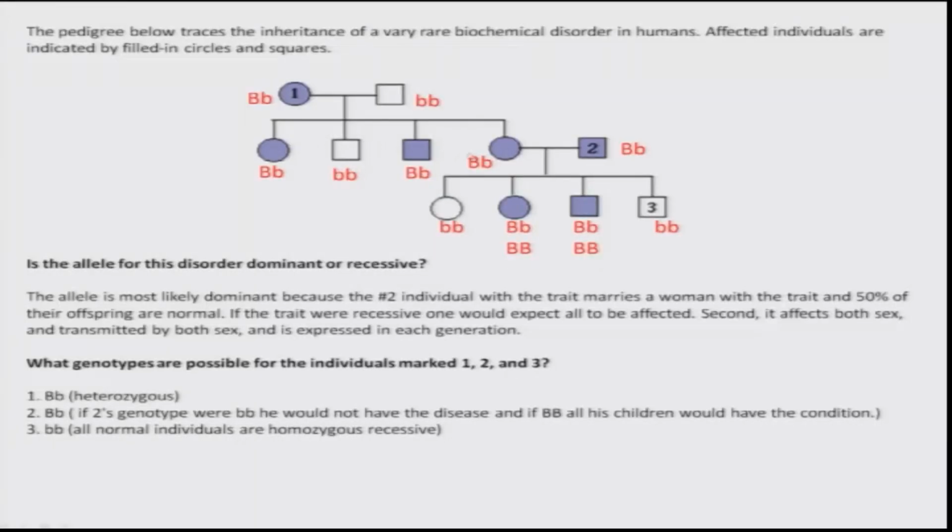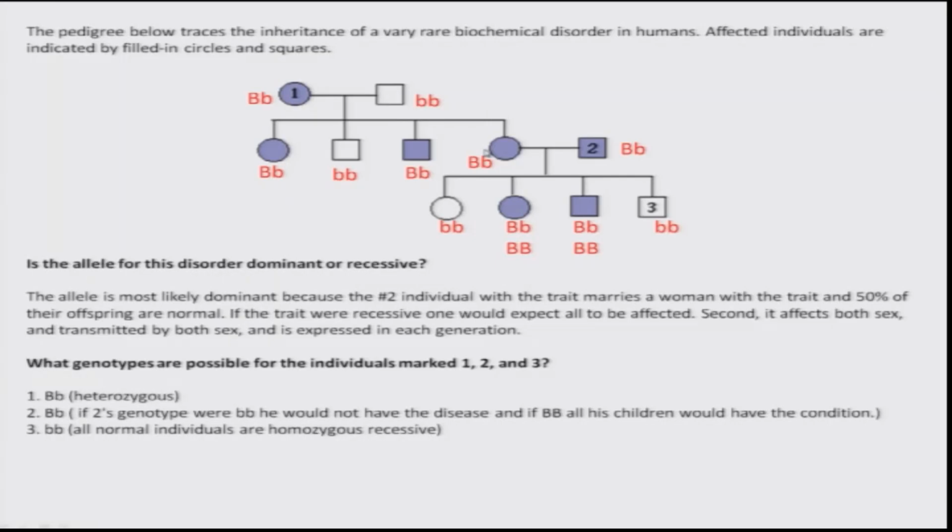Of the 4 children, one of them is normal. This individual could be normal only if he had received a normal allele from his mother, because the father would contribute one allele and the mother has to contribute the other allele, as it is autosomal. Obviously this allele should have come from the mother, therefore she should be heterozygous for that dominant allele. That helps us arrive at this individual also being heterozygous for the dominant allele.